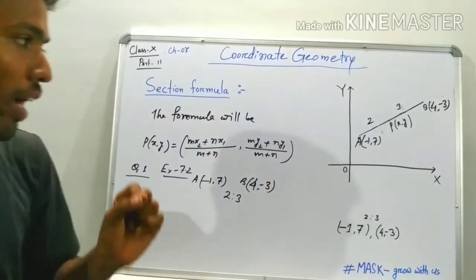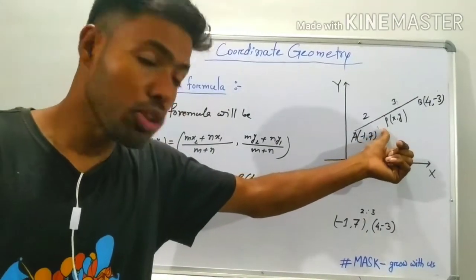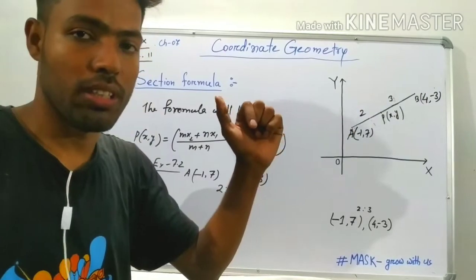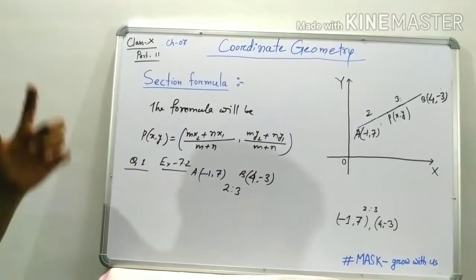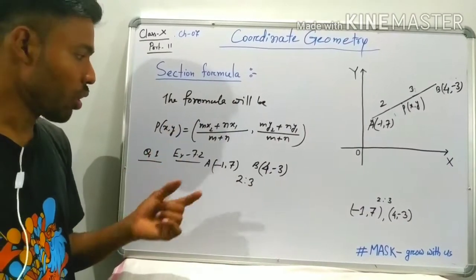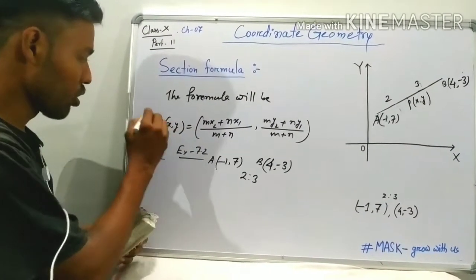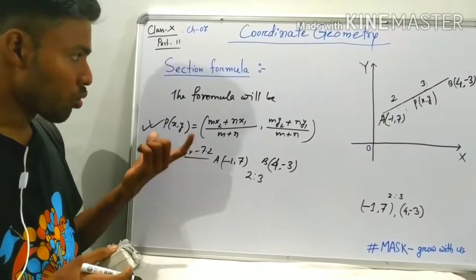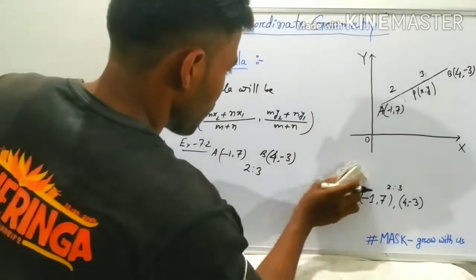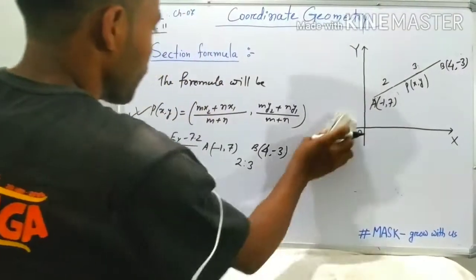Now we need to find the coordinates of this point P if it divides the line segment in the ratio of 2:3. We are going to calculate the coordinates of this point P, x, y, with the help of this equation. This is a very important equation to find the section formula.